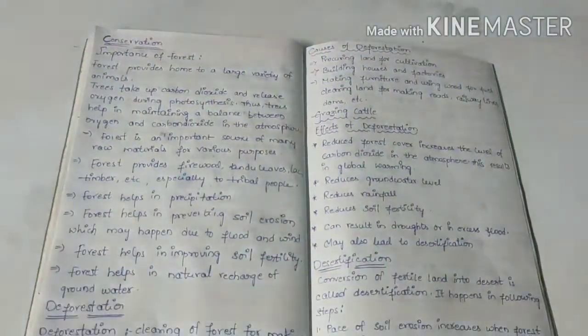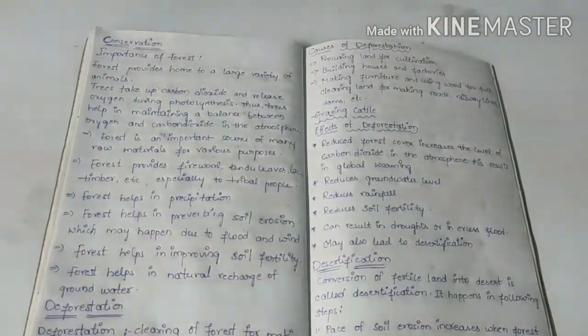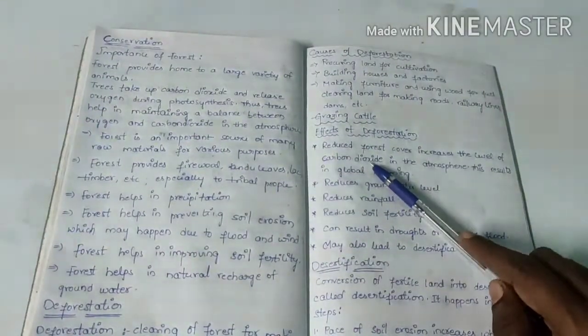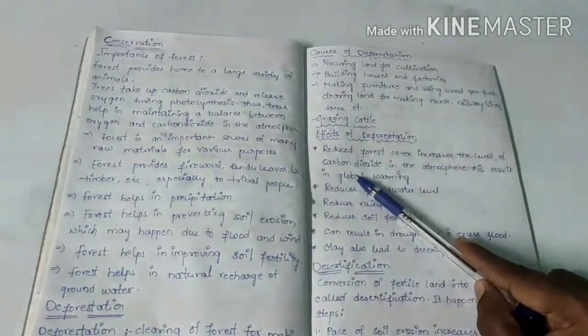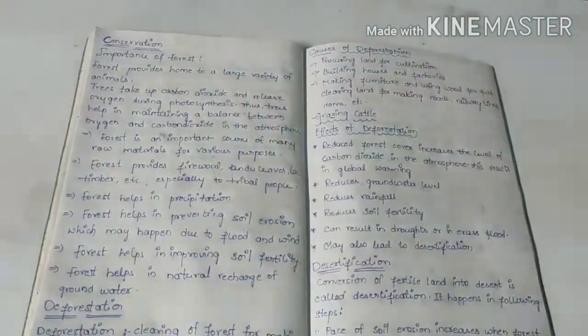What are the effects of deforestation? If we go on cutting the trees, what effect will it show? Deforestation, that is reduced forest cover, increases the level of carbon dioxide in the atmosphere. This results in global warming.